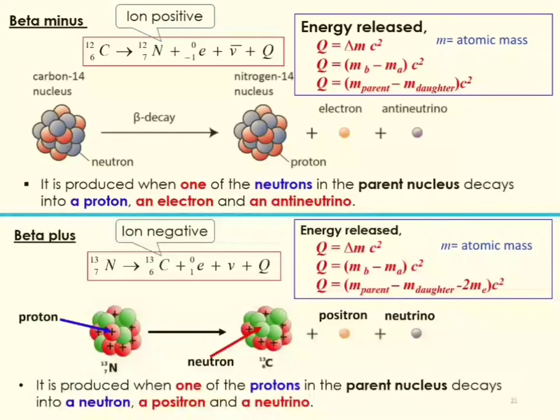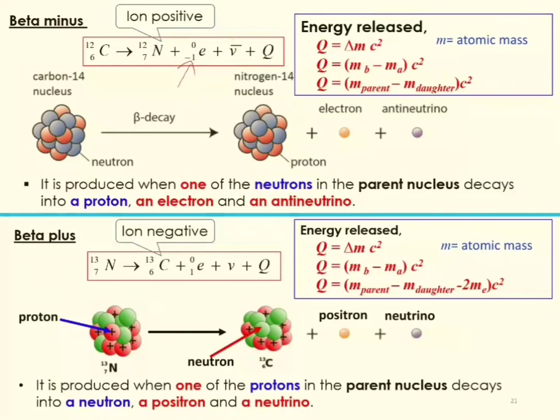So, beta minus and beta plus. This is the example for beta minus and beta plus. Let's say we have carbon-12-6. It produces nitrogen-12-7, where the number of protons increments from 6 to 7. It also produces e, 0, negative 1, which is our beta minus.